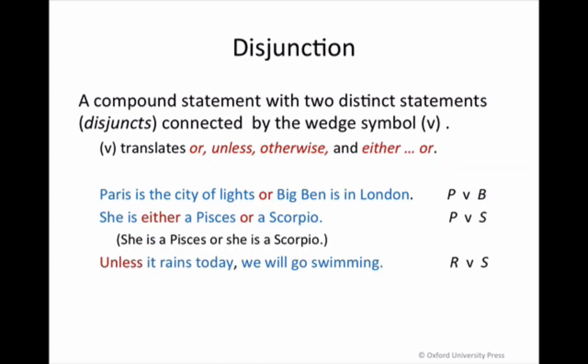The disjunction expresses, as we saw before, the or, unless, otherwise, either or. And like the conjunction, the disjunction is placed in between the sentences that it brings together. So Paris is the city of lights, or Big Ben is in London.